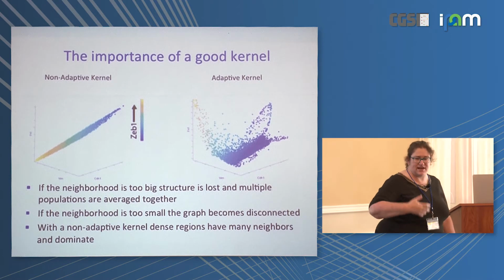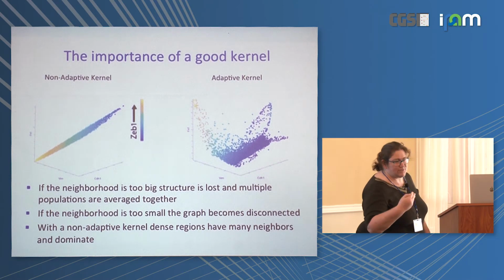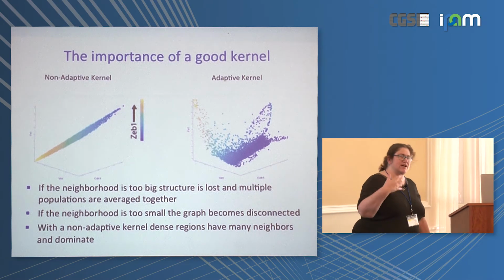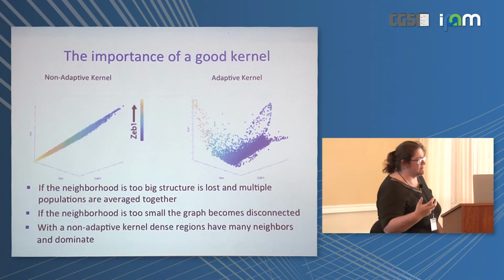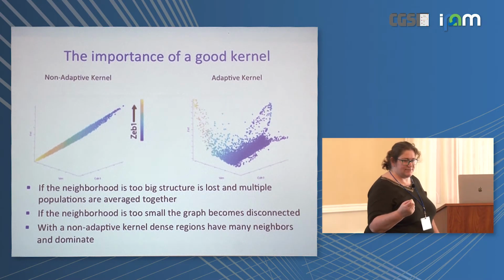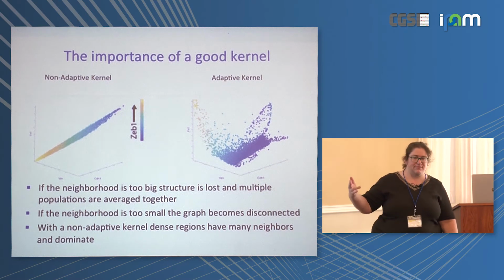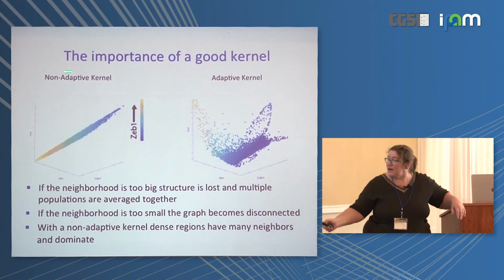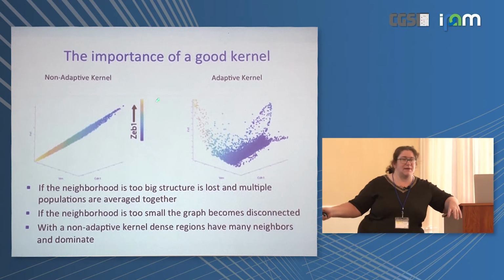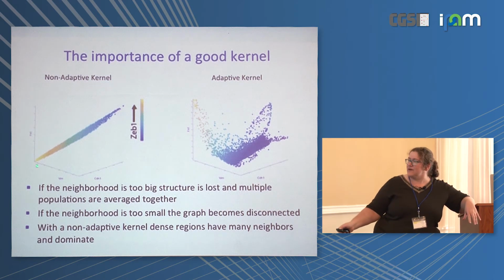If I have a cell that has very many neighbors, its values are going to be transferred very often, more often than some sparse cell types, and they're going to dominate all my data once I begin powering the matrix. So the data collapses to these very popular, frequent phenotypes.